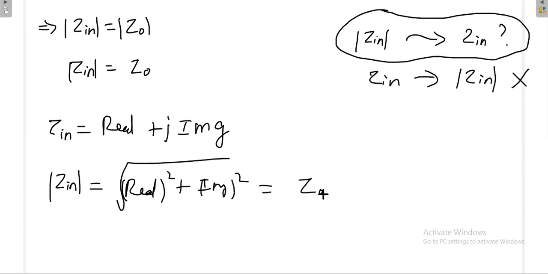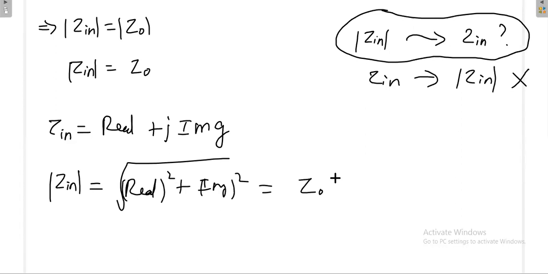That is the idea here. We do not know exactly what the input impedance is, but we know its magnitude. The nature of the input impedance may be capacitive or inductive, but we do not know. We know only the magnitude of the input impedance.